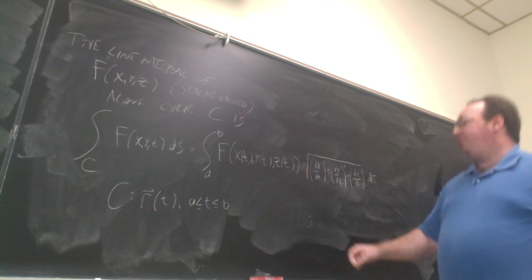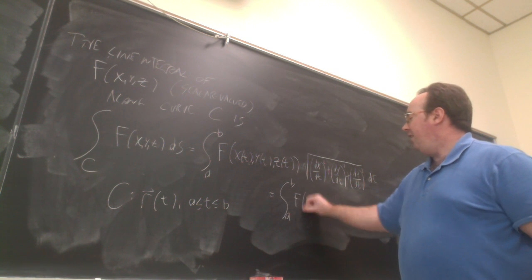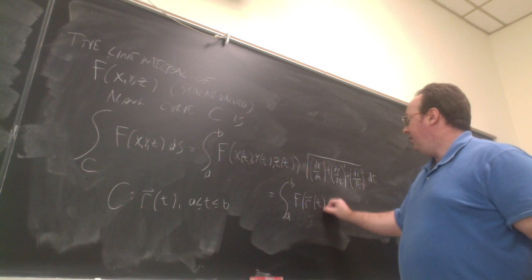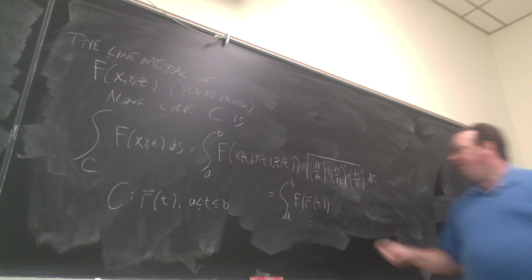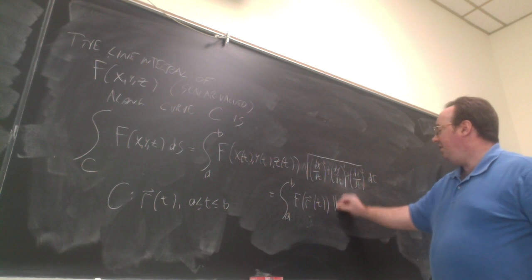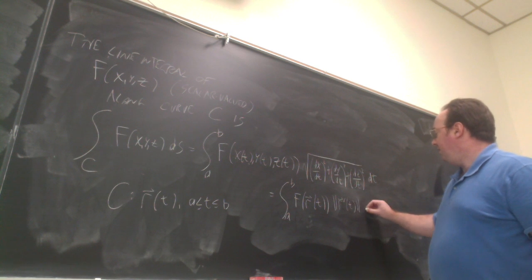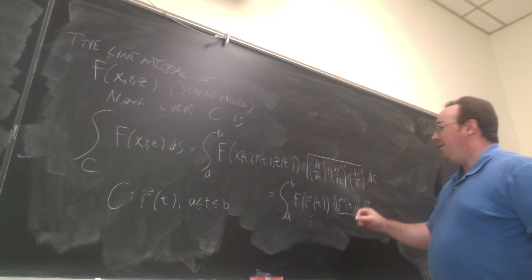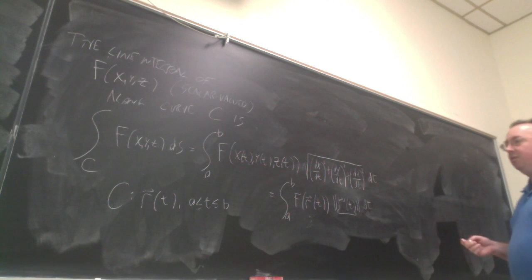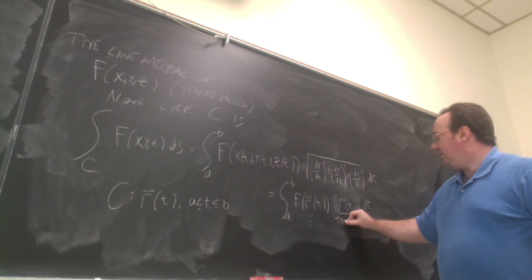Okay. So another way of writing this, it's a little more compact, is f with your parametric equations plugged in. So that's x of t, y of t, z of t as a vector. And then what you have here is the magnitude of r prime of t. So if r of t gives you your points along the curve, that's your position function, r prime of t is your tangent vector.